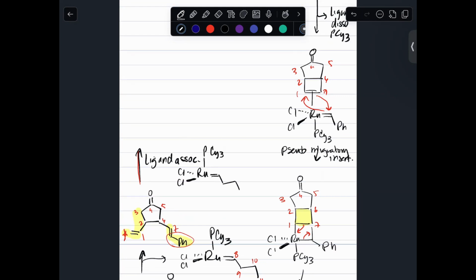Let me go ahead and draw that out. Let me go ahead and continue to number it so that we can follow along and I know where things are being added.